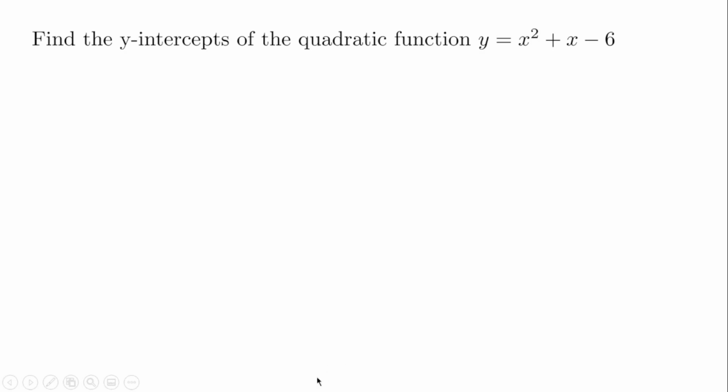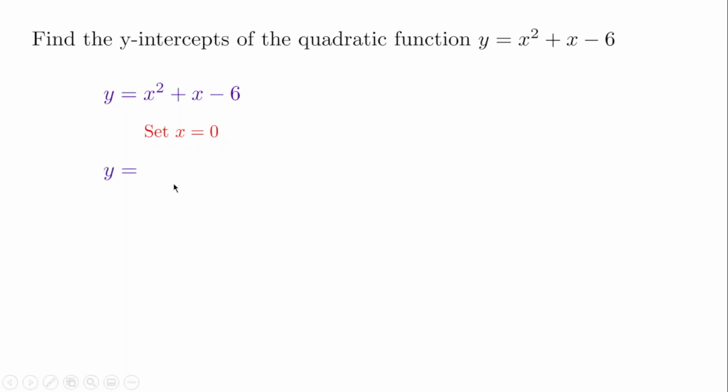How about the y-intercept? Find the y-intercept of the quadratic function y equals x squared plus x minus 6. Okay, take note, this should only be y-intercept. To solve for the y-intercept, this time we set x to 0.